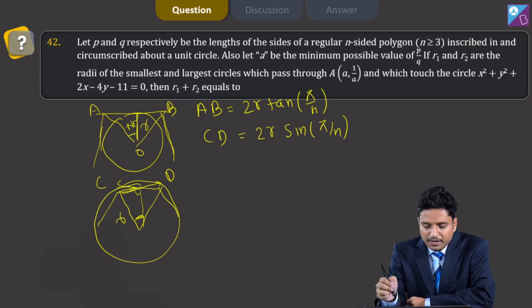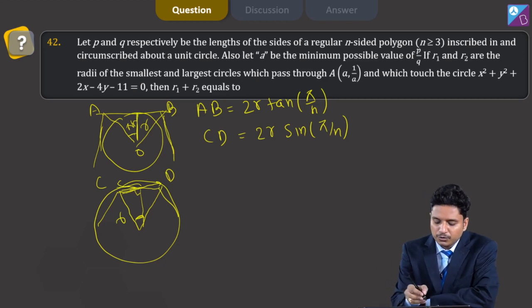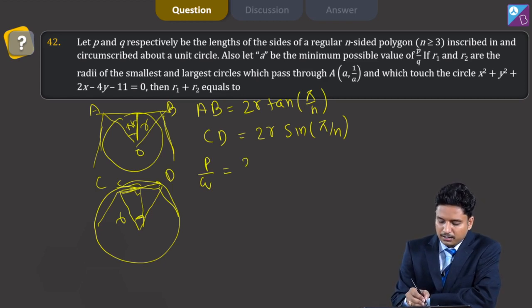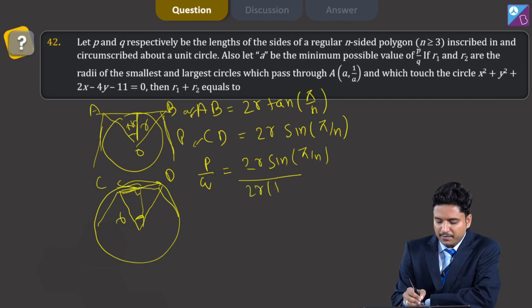So now what we have to do? We have to try and find out the minimum possible value of p by q. So what will be the possible value? P by q will be equal to 2r sine pi by n, this is your p, and this is your q as mentioned over here, divided by 2r tan pi by n, which is equal to cos pi by n.